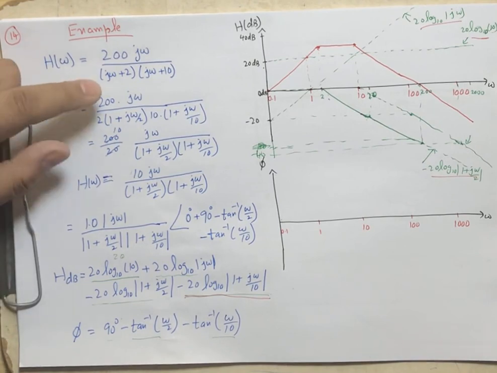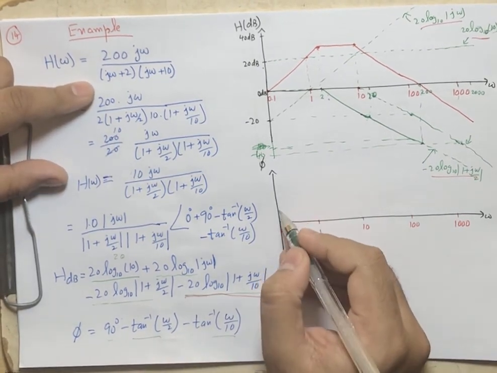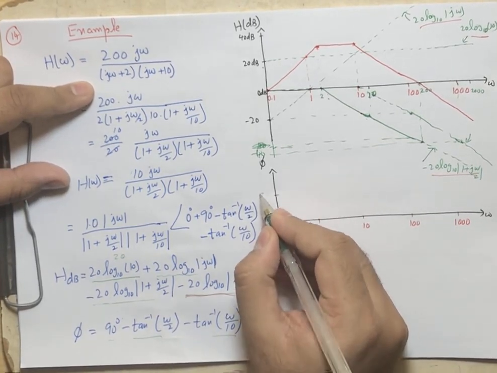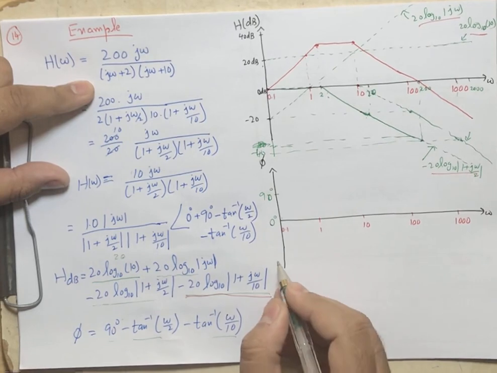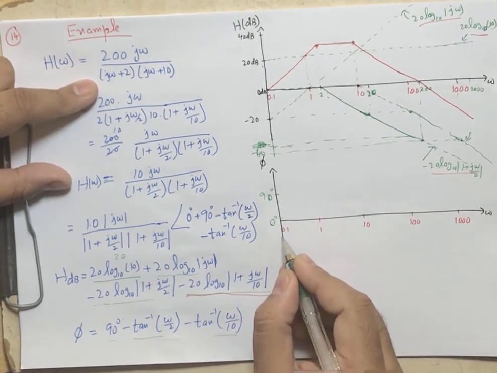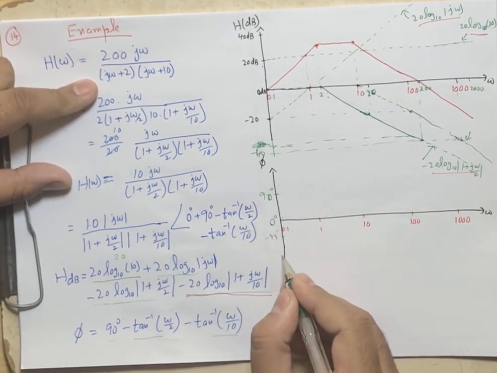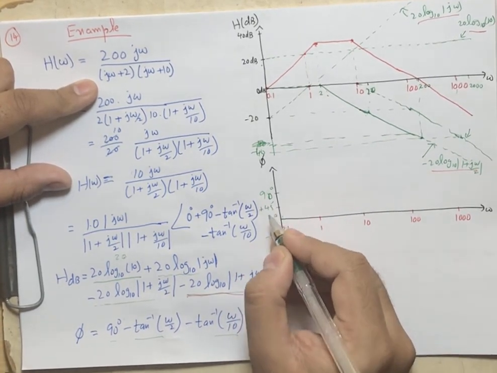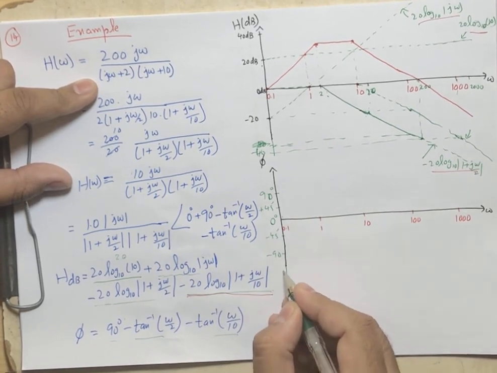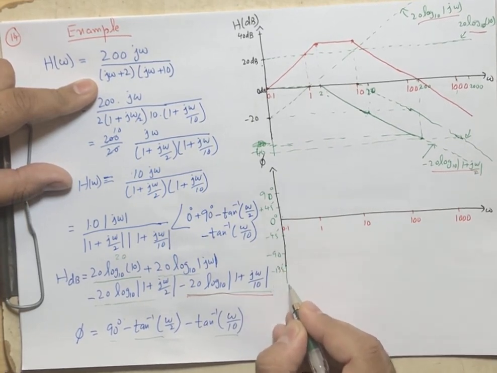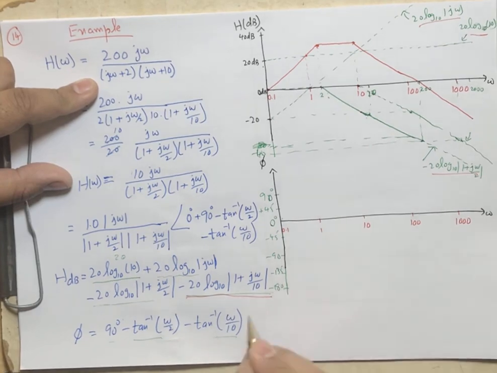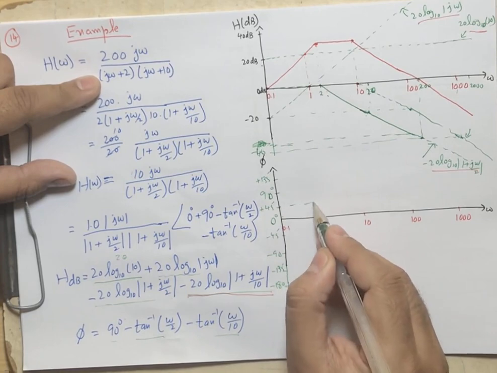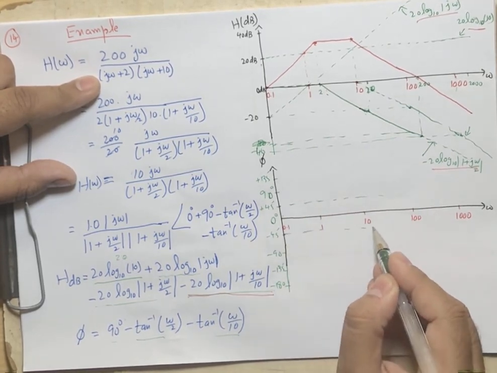So one phase plot will be 0 degree, positive 90 degree, minus 45, minus 90, plus 45, plus 90, minus 135, minus 180, and plus 135, and so on and so forth. So you can observe over here that, okay.